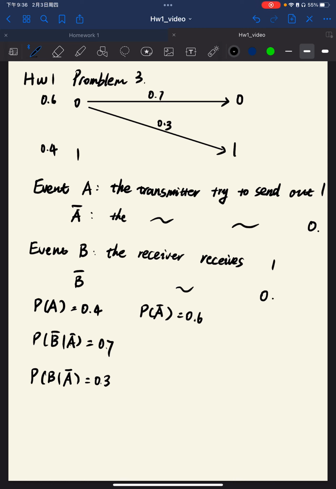And similarly, when 1 is transmitted, the probability to receive 0 is 0.2, so the conditional probability of B bar when A happened is 0.2, and B happening when A happened has probability 0.8.